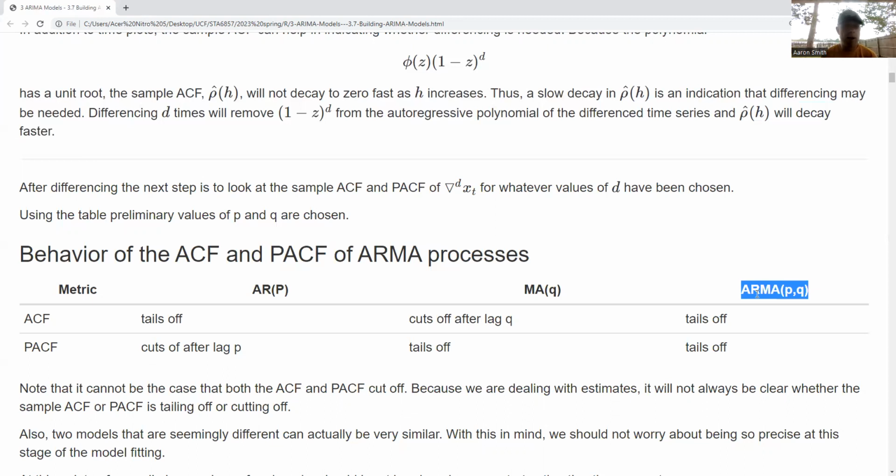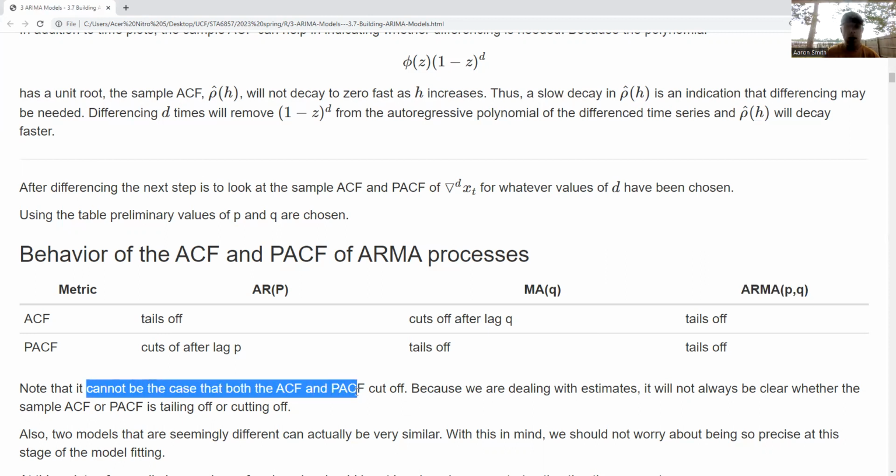Now, realize that it cannot be the case where both ACF and PACF cut off. All right, and because we're dealing with estimates, it's not always clear whether either one of them is tailing off or cutting off. It's not really 100% sure. It's kind of a gray area, rather subjective. And believe it or not, two models that seem very, very different can actually look very similar. This is because of that causal invertible aspect of time series.